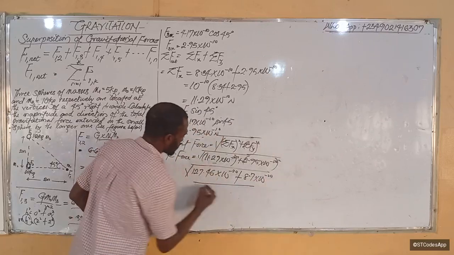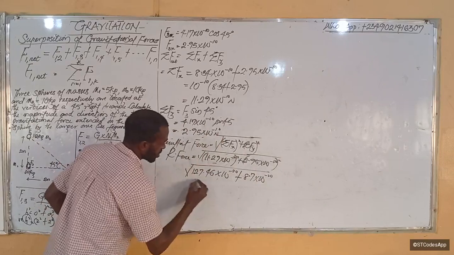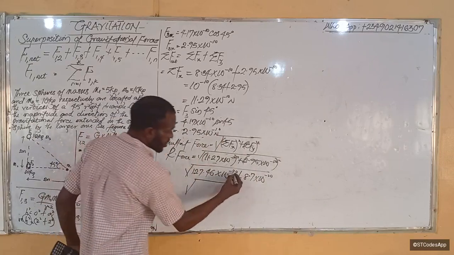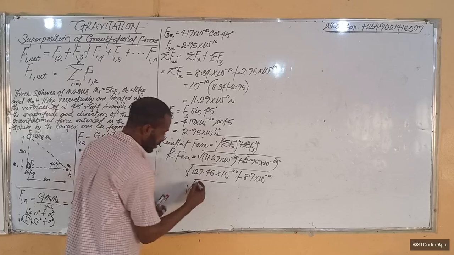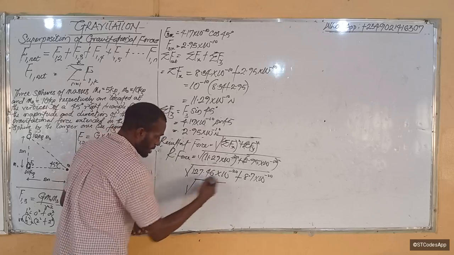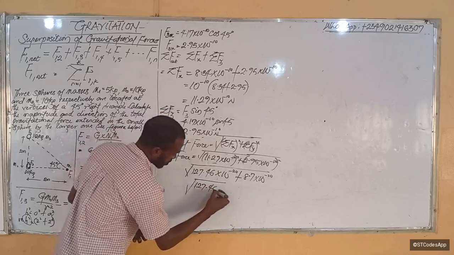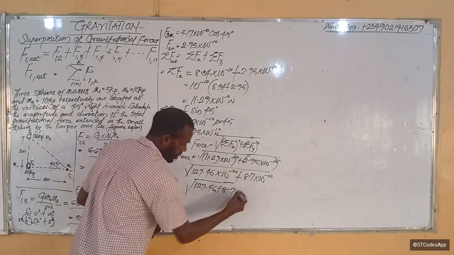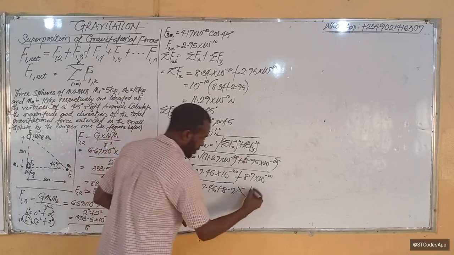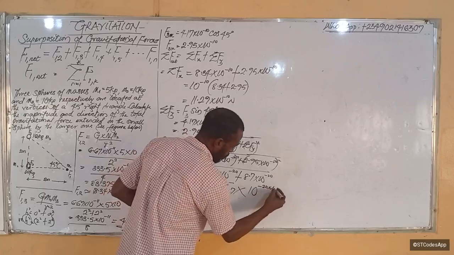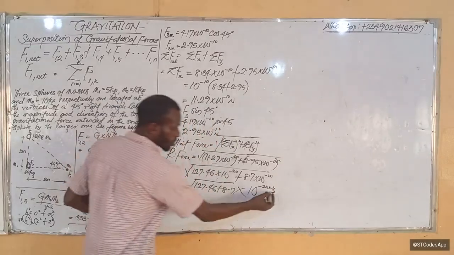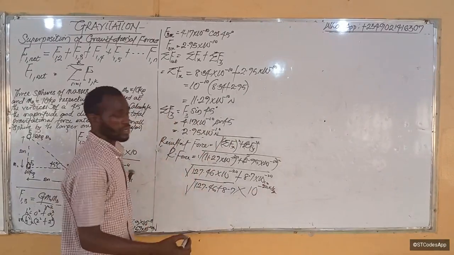So you see that times 10 to the power minus 20 is common, right? So let's just take the square root of it. If you understand what I want to do here, just stick with me. I will add this guy, 127.46 plus 8.7. In maths, I can separate this out and give me this times 10 to the power minus 20 times half. Okay? So it will give me times 10 to the power minus 10 back.